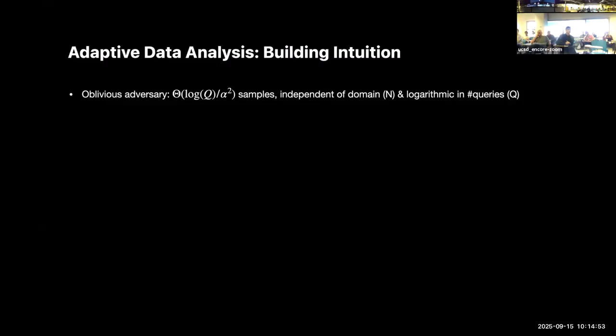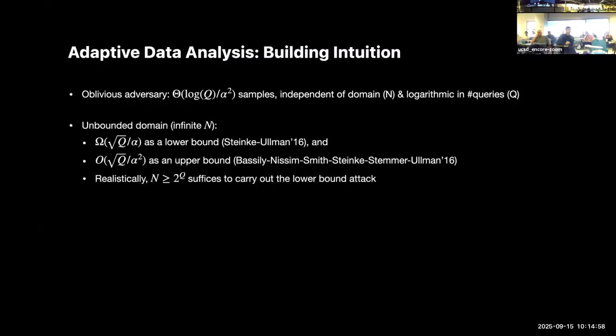And when we move on to the adaptive world, I think there are two typical regimes of interest. First is what I call the unbounded domain case, where we do not assume an upper bound on the domain size big N. And in that case, it is known that in order to answer big Q queries, you need at least square root Q over alpha many samples, and it suffices to have square root Q over alpha squared many samples.